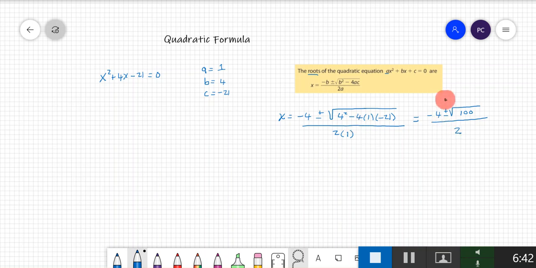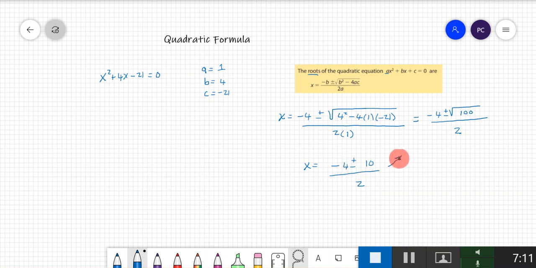And then what we want to do now is simplify this. So we can say that x is equal to minus 4 plus or minus, the square root of 100 is just 10, over 2. Now this plus or minus here means that there are going to be two different roots.